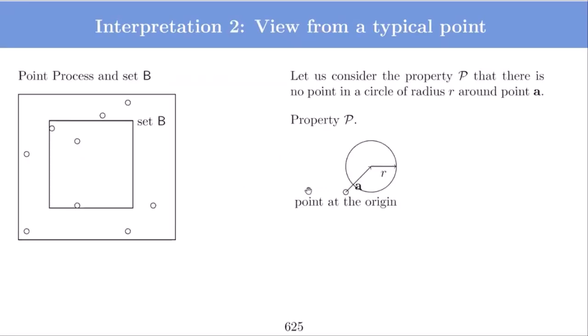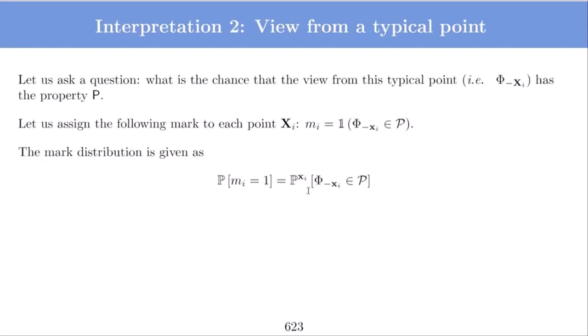So instead, I can just say the probability that there is a point at the origin and phi has this property. That's how both interpretations match in the stationary case, when the location does not matter. In the non-stationary case the interpretations differ, because then you have to just condition on a point at location x.